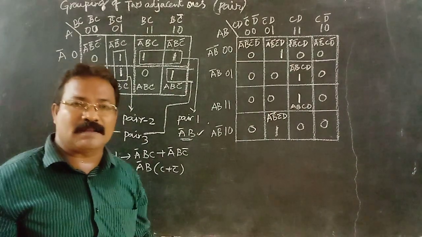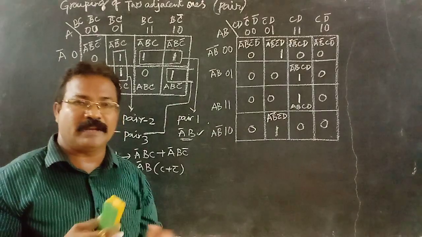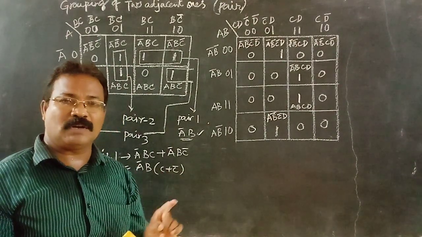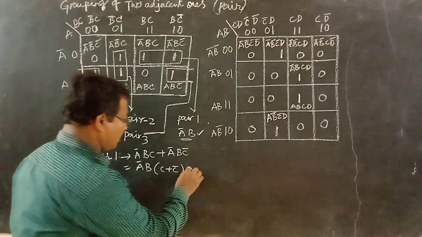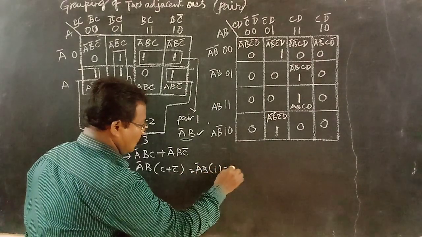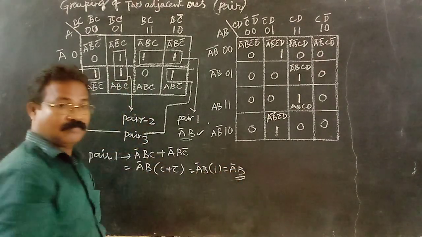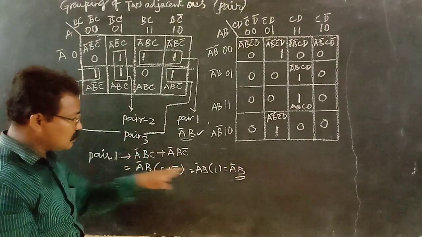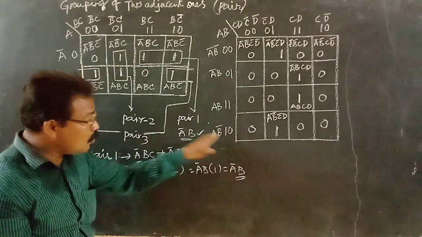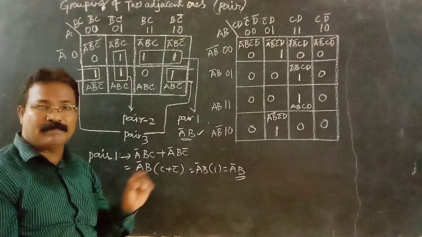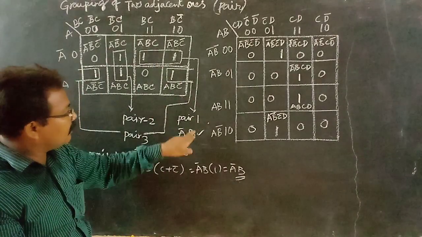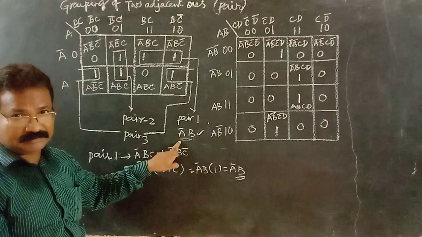As per the Boolean laws, as per the Boolean postulates, C plus C bar is equal to 1. A bar B into 1 is equal to A bar B. So while simplifying this expression, we get A bar B. Without doing all this, by remembering the Boolean laws or Boolean postulates, we can directly write the simplified expression.